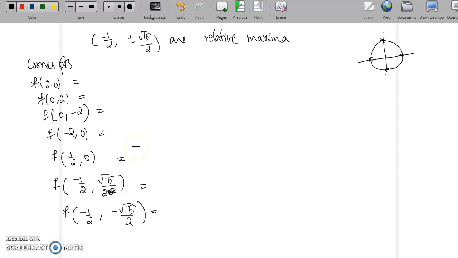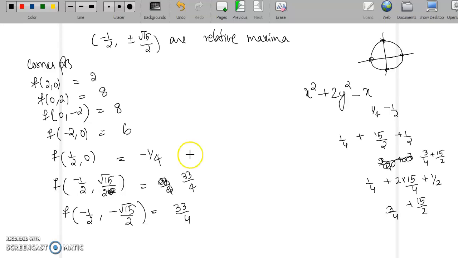And our function was x square plus 2y square minus x. So let's calculate all these values. These are the function values we are going to get.